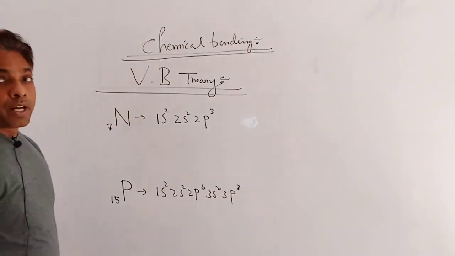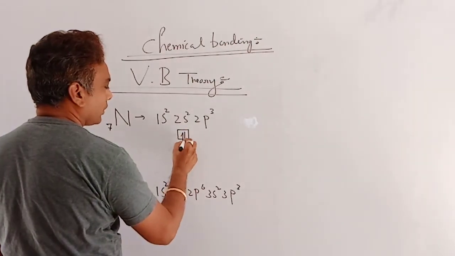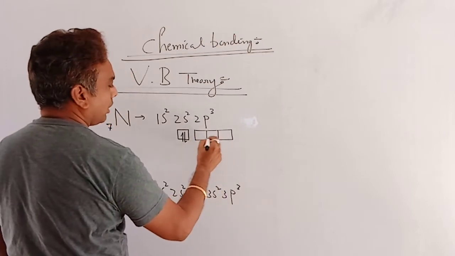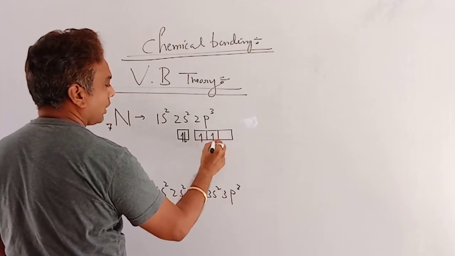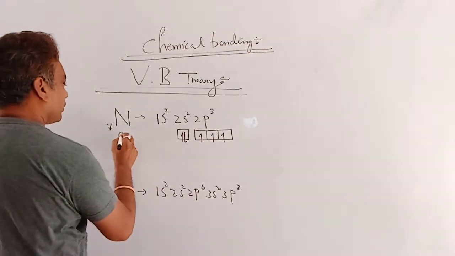Now in case of nitrogen, here is the 2s orbital which contains 2 electrons, and in the 2p subshell we have 3 electrons, all 3 unpaired. This is the ground state.